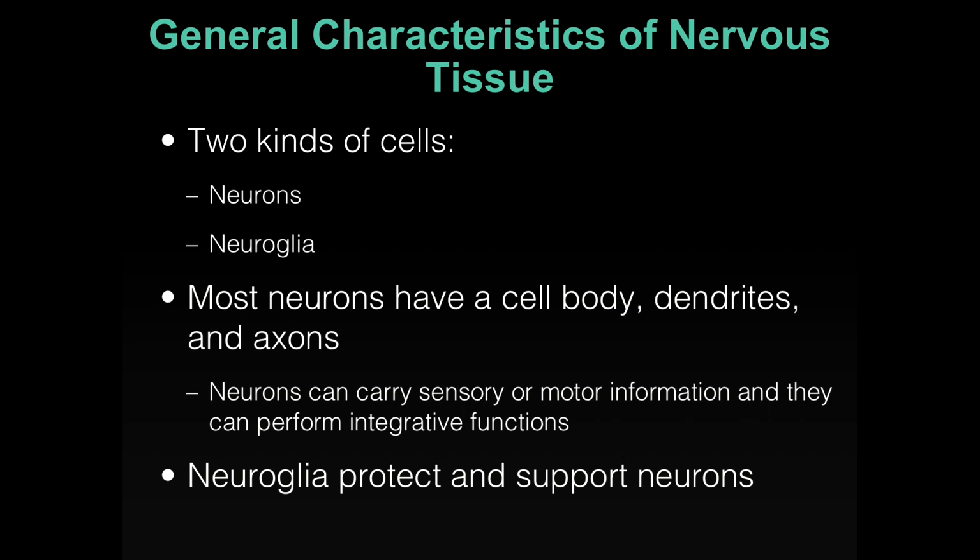And then the axon is a long, maybe cylindrical, projection, where the signal leaves the nerve body and is transmitted to something else. Another nerve, perhaps, or muscle cell. So the dendrites receive, axon sends signals. Neuroglia support, and I'll talk about that just in a second.